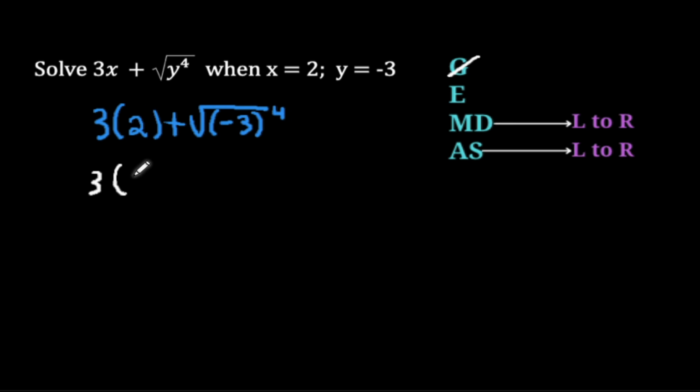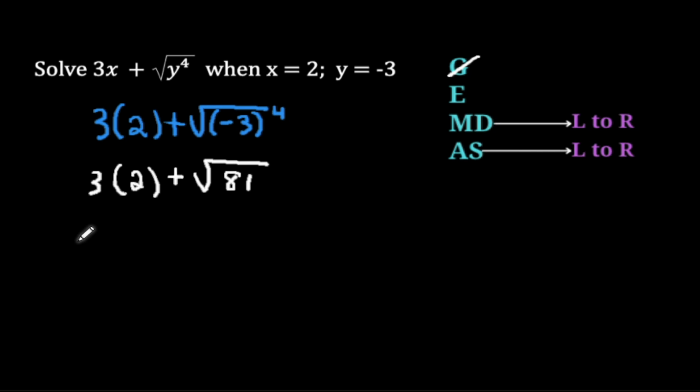So we have 3 times 2 plus, and we have the square root of negative 3 raised to the 4th power. So this is actually negative 3 multiplied to itself 4 times. So remember, the result is going to be positive because this is an even powered exponent. So this is actually 81.